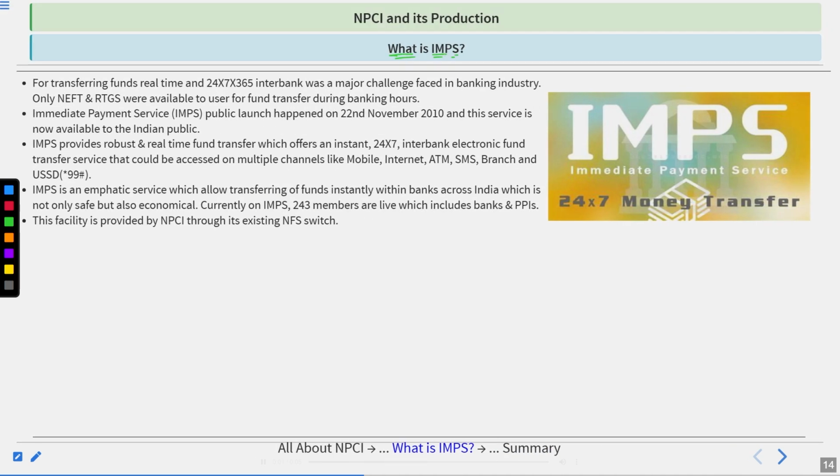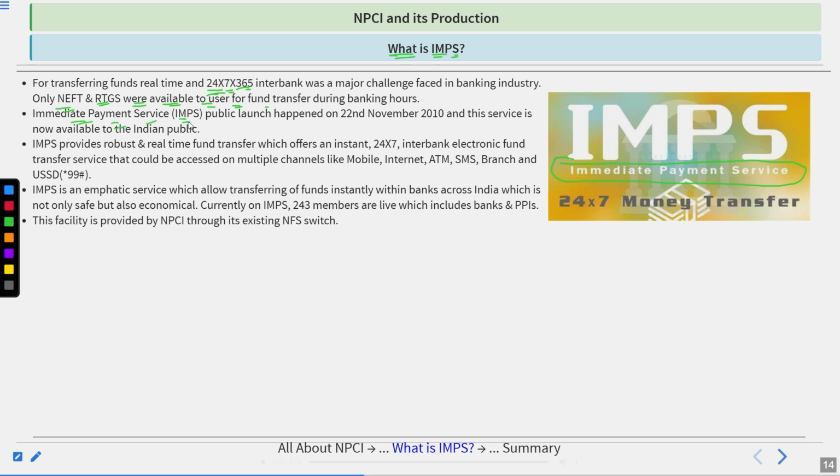Now, what is IMPS? It stands for Immediate Payment Service. Transferring funds in real time, 24/7 and 365 days, interbank, was a major challenge faced in the banking industry. Only NEFT and RTGS were available to users for fund transfer during banking hours.